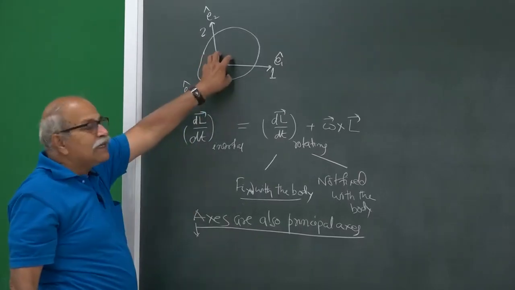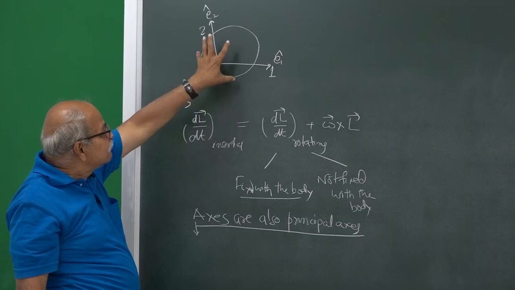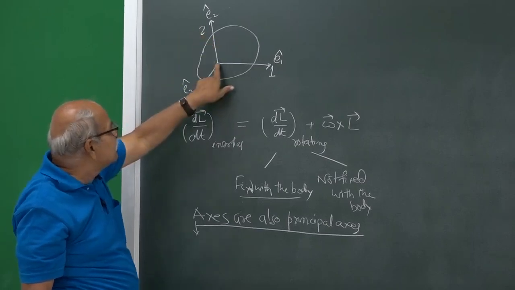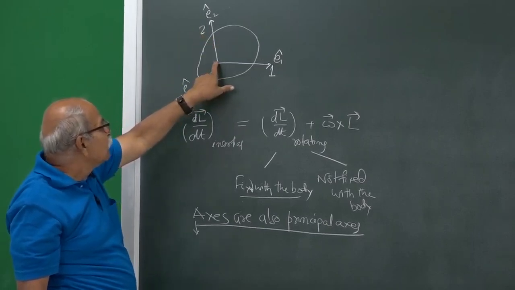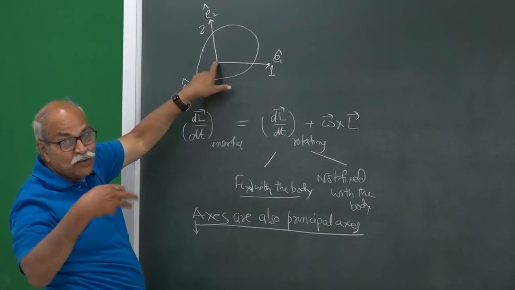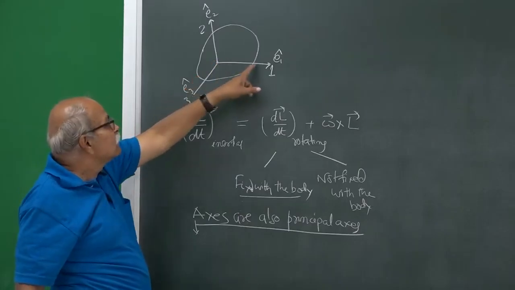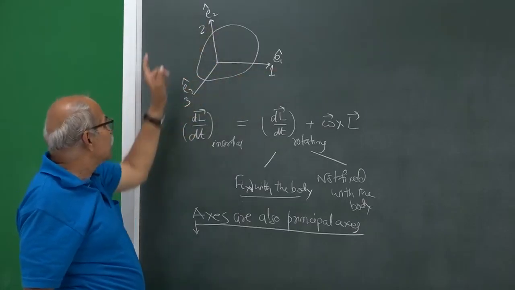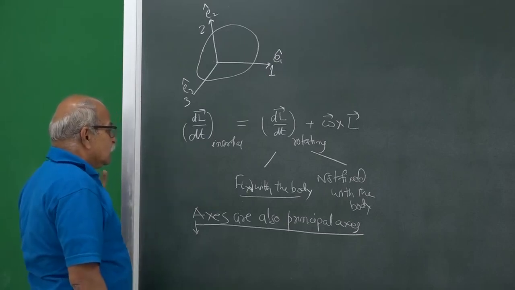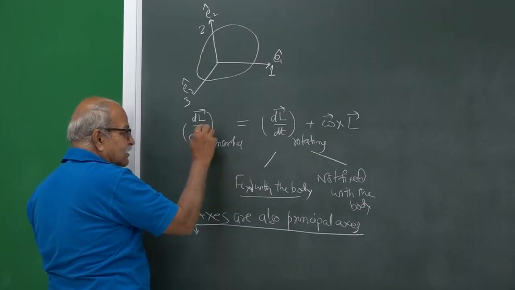These are principal axes of this body, and for a given body and for a given origin, you can always find at least one set of principal axes. You can find more also, then you will have a choice which one you want to use. All right. So, this is our torque in the inertial frame.